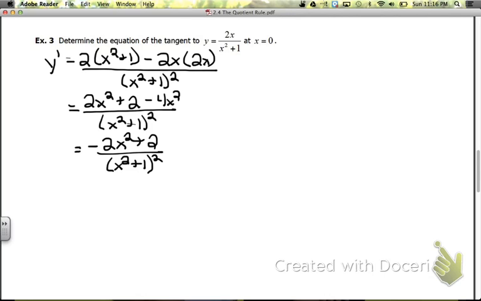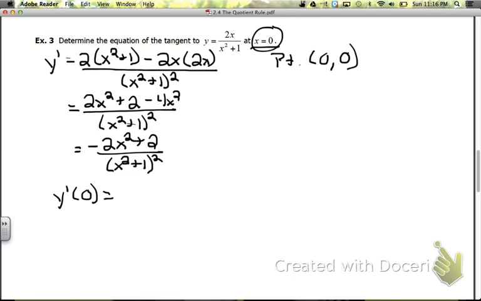Now one other thing is that since we're looking at it at x equals 0, we want to know what a point is from our graph. So we're going to use a point when x is equal to 0, so therefore we have the point 0, 0, as well as we want to know what y prime of 0 is.